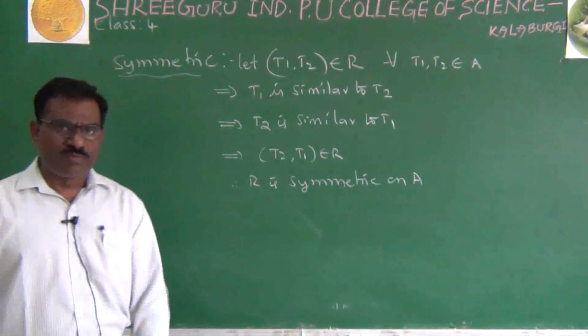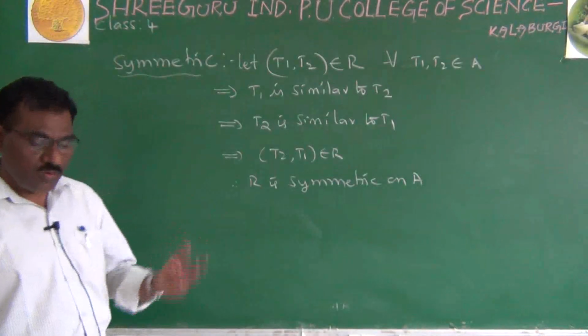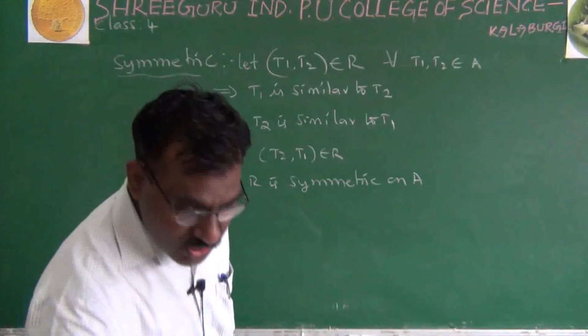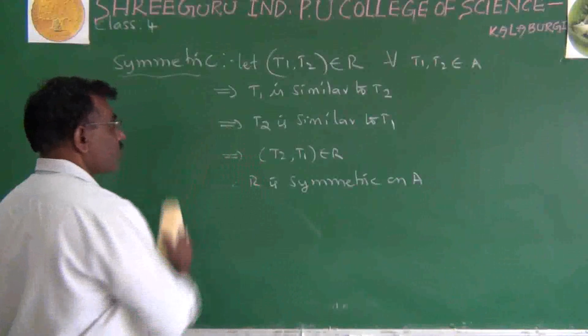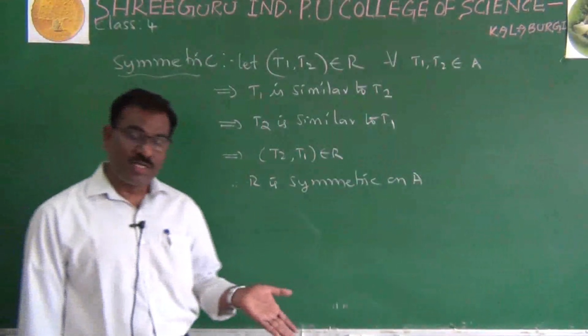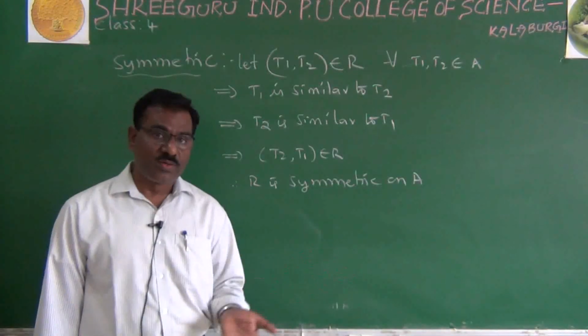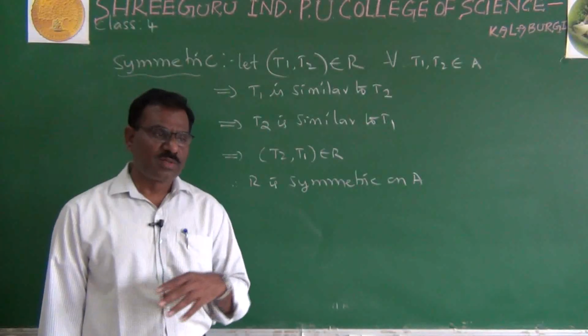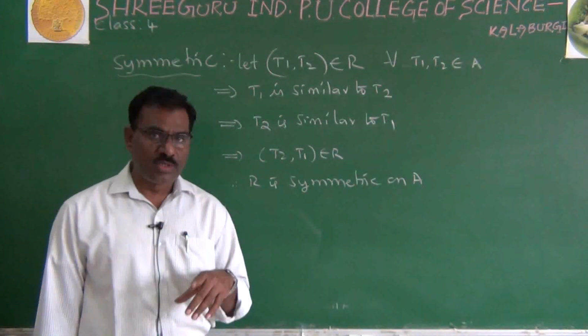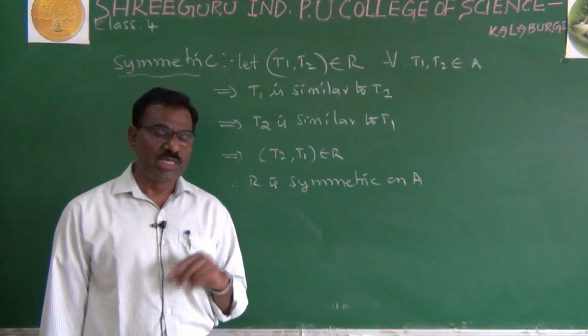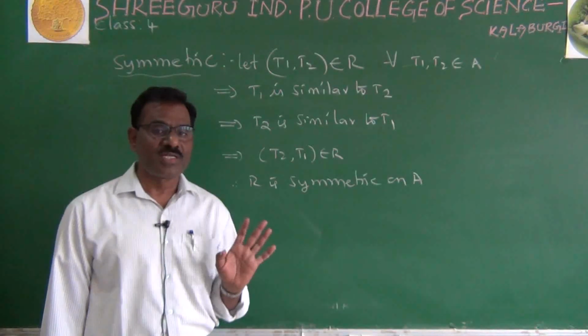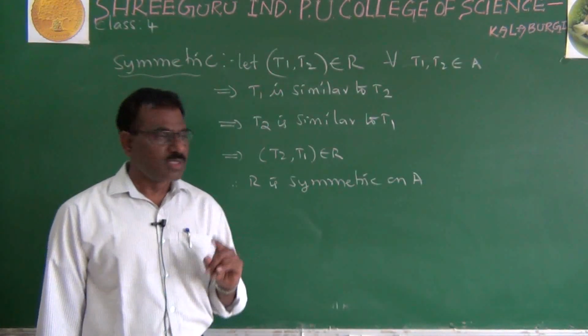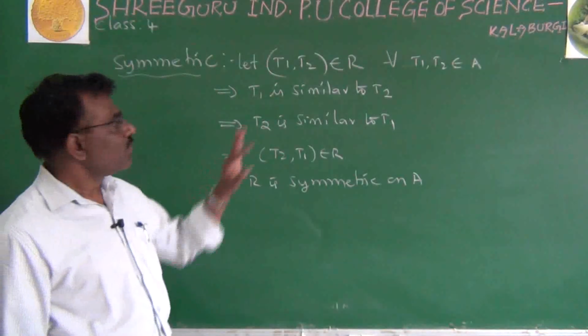Even transitive also is very simple. T1 is similar to T2, T2 is similar to T3, and T1 is similar to T3. So you remember, my dear students, similar is always an equivalence relation. The problem is very simple, but how to start?